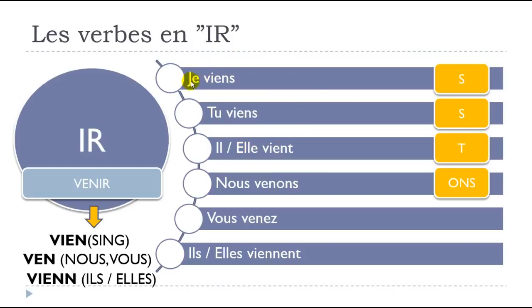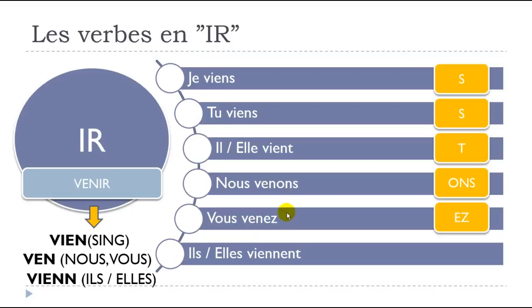So you get je viens, tu viens, il vient, elle vient. It was quite fast. But then for nous and vous, you will put this VEN, and you will add the ending ONS for nous, EZ for vous, and you get nous venons, vous venez.